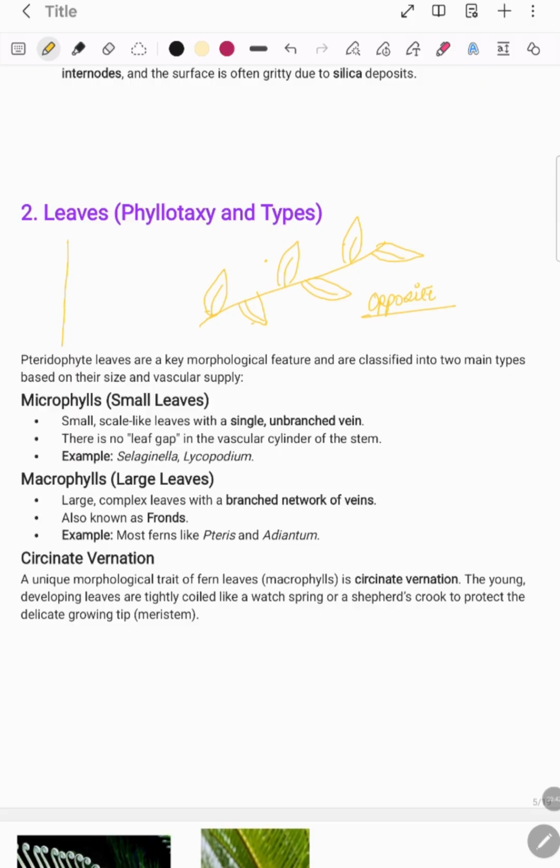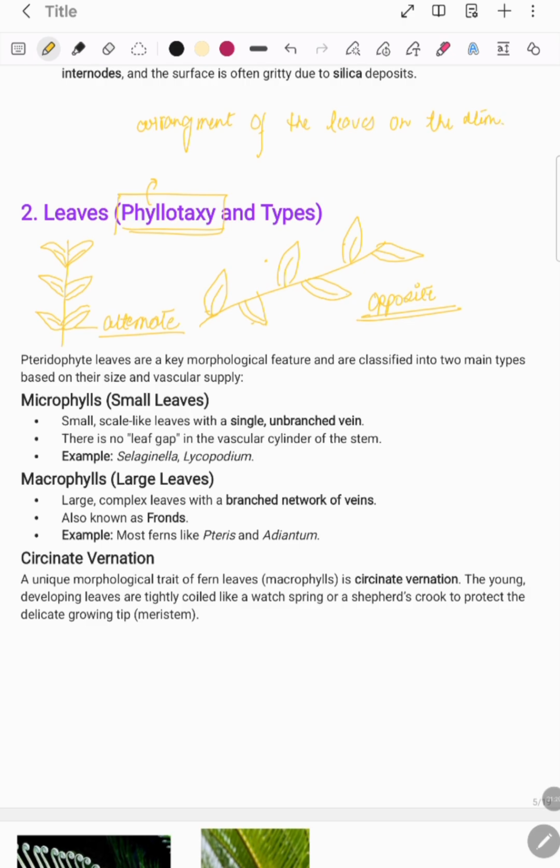Okay, see, if the arrangement is somewhat like that, what is this type of arrangement? This is your alternate arrangement. Okay, I hope I am clear with the phyllotaxy term. Okay, it refers to the arrangement of the leaves on the stem.